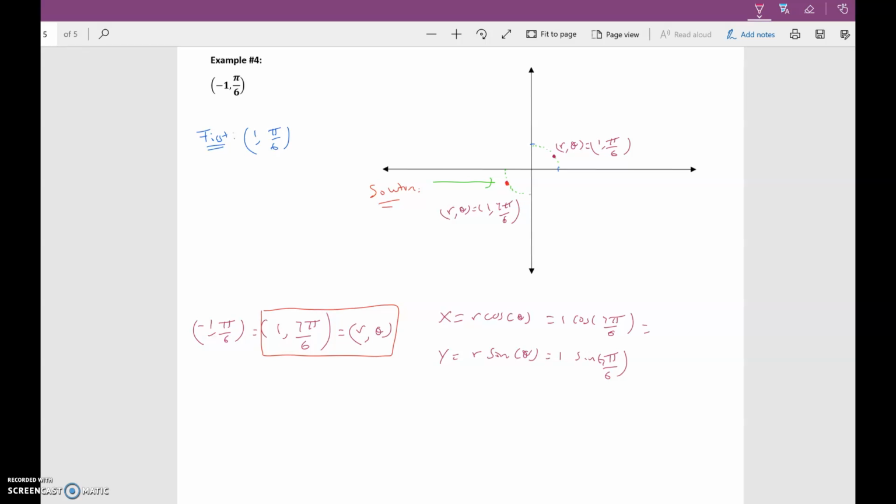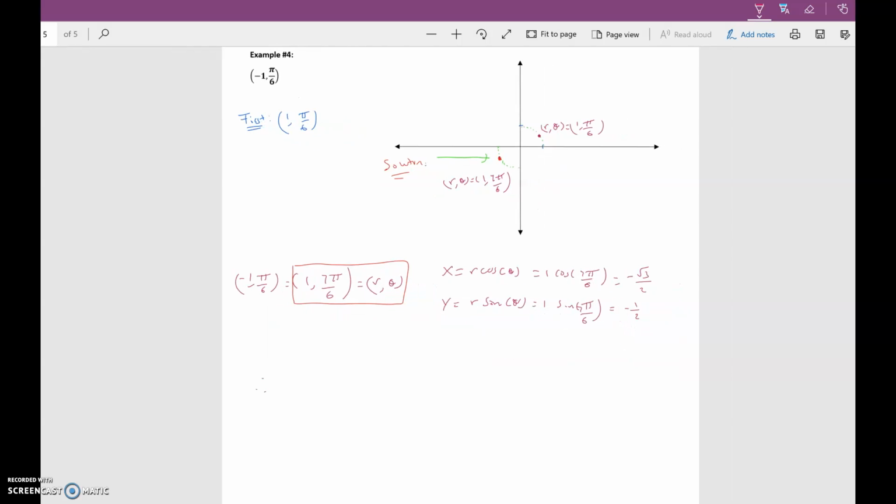For the cosine, we're going to get negative square root of 3 over 2. And for the sine, we're going to get negative 1/2.